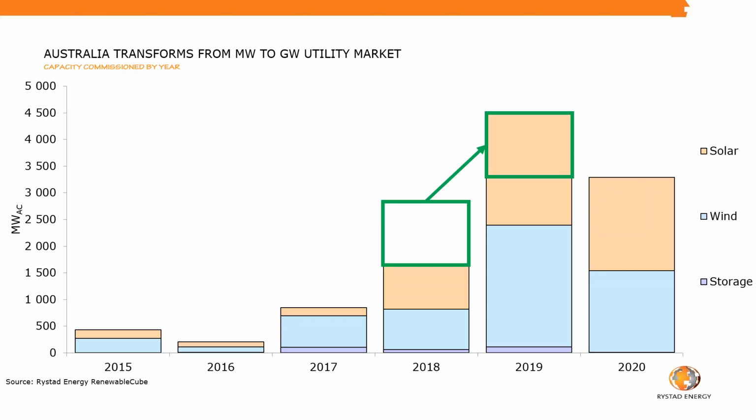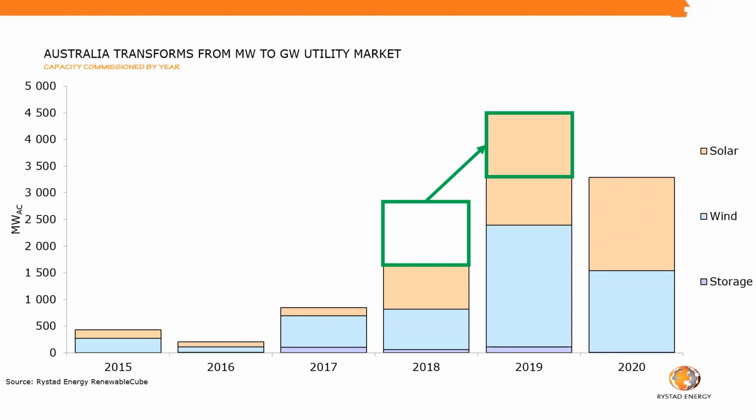The picture isn't all rosy though. The green box you see on the screen is the amount of capacity that was delayed in 2018 in terms of commissioning, and had to move to 2019. In particular in the solar space, a lot of the RCR projects, which was obviously one of the biggest EPCs that went bust in 2018.